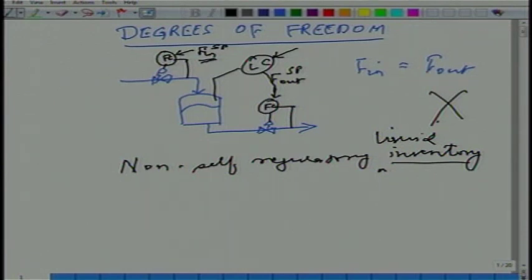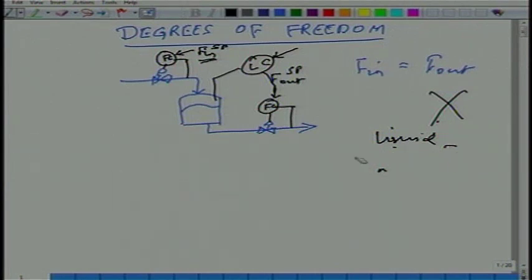So for this very simple example, what have we learnt? Liquid inventories are non-self regulatory, therefore they must be controlled, because if you do not control them, levels are either building up or depleting. That is point number 1.